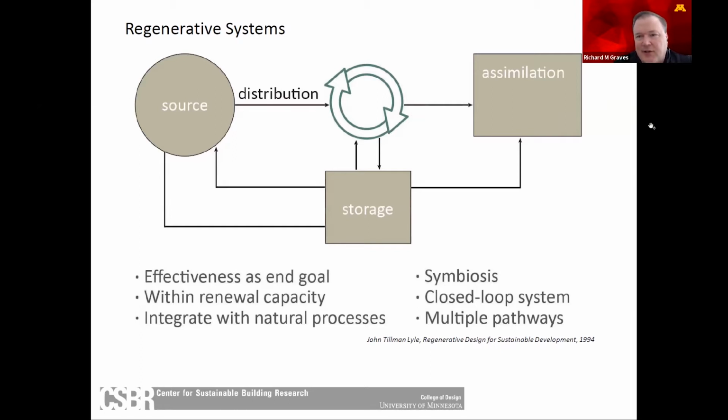So we need to integrate storage to align generating and usage. And then there really is no waste. The goal is that waste is food for another process as it's assimilated back into the environment. So, next slide.